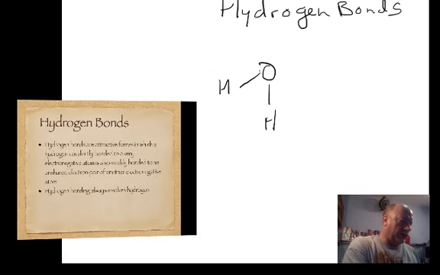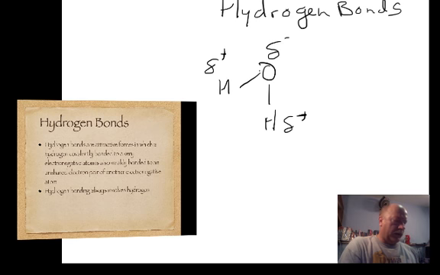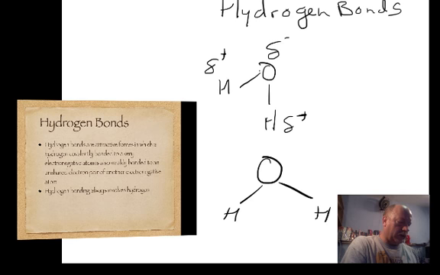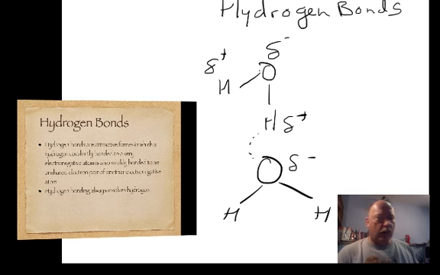So the oxygen becomes negatively charged, the hydrogens become positively charged, and as they meet other water molecules, the same thing happens. Now you've got a bond between these two. So it's very similar to what we were talking about in dipole interactions.